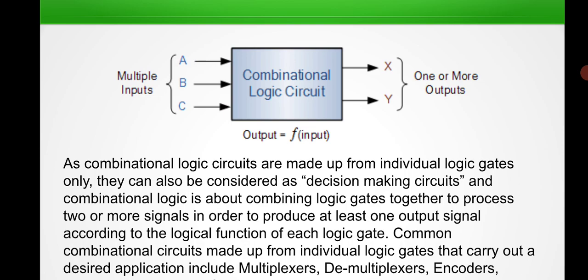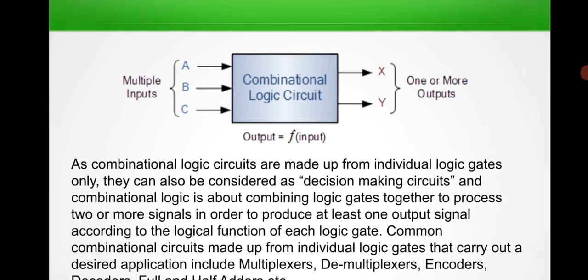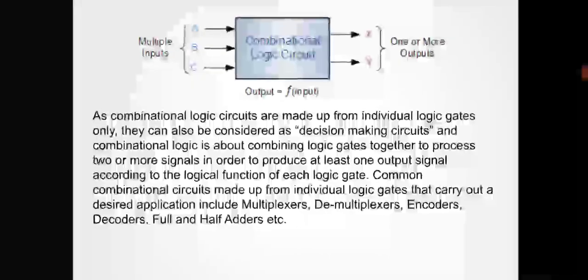As combinational logic circuits are made up from individual logic gates only, they can also be considered as decision making circuits. You are making this combinational logic circuit using logic gates, so ultimately this can be considered a decision making circuit. Why? Because logic gates are mainly used for decision making.